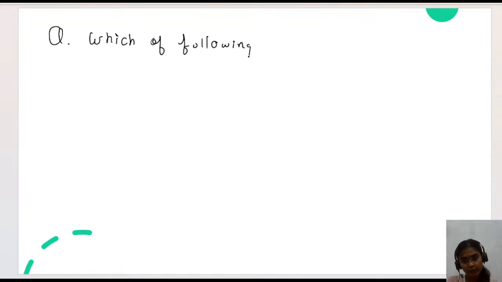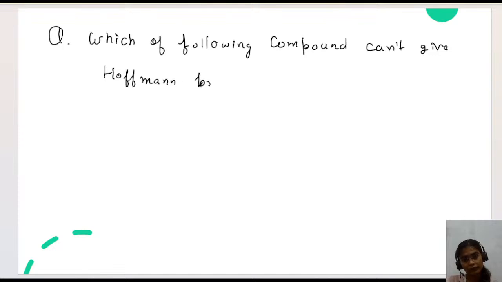Which of the following compounds can't give Hoffmann bromamide degradation? You have to let me know that in the given substrates, which substrate is not going to participate in this reaction. In short, we are going to check in which case there is a formation of primary amine. That is the correct answer. Okay, so let's see how.